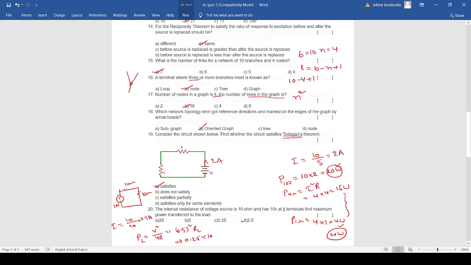So you will get 2.5 watts. So option D is the correct answer. Otherwise you can find it with the help of V square by 4 RL also. V is 10, so V square is 10 into 10, divided by 4 into RL. RL is again 10. So the 10 cancels. 4 2s are 8, 4 5s are 20. So 2.5 watts is the correct answer. Okay, thank you all.